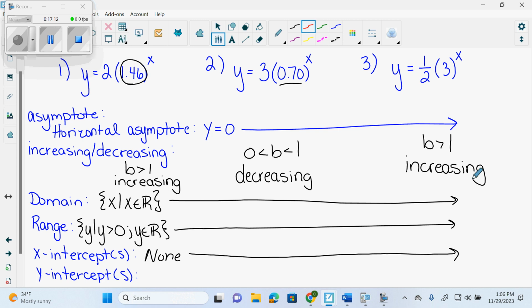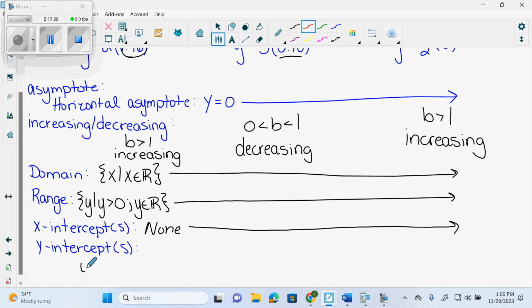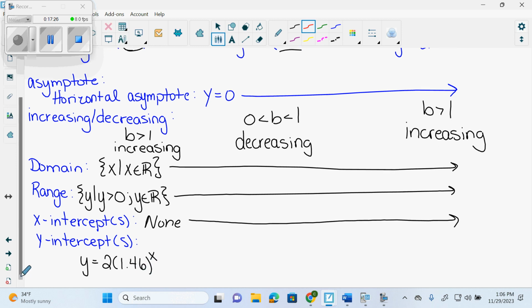Now, how do I get y-intercepts? I plug 0 in for x. So if I have y equals 2(1.46)^x, and I'm plugging 0 in for x, the exponent becomes 0. What's anything to the power of 0?